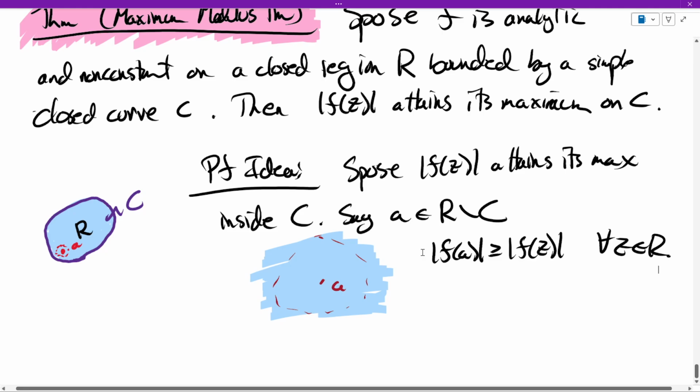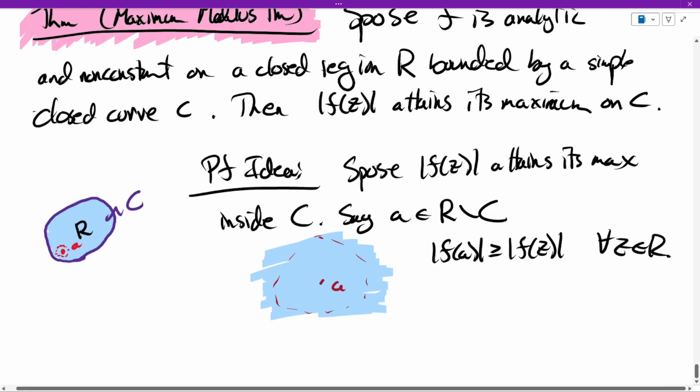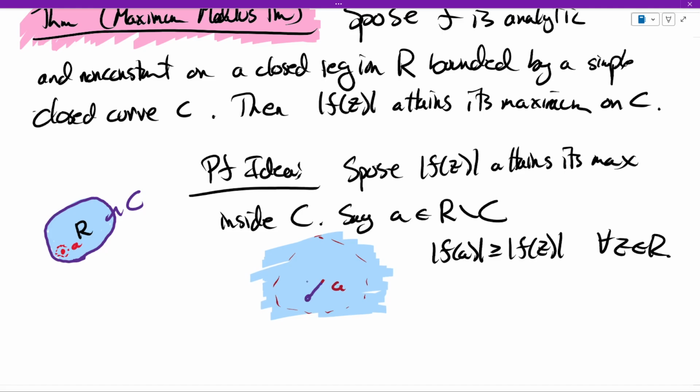And the idea is that it's possible to sweep out and test a bunch of points around A. So what you do is you look at some r and some theta, and you sweep out a bunch of points in a disk around A.